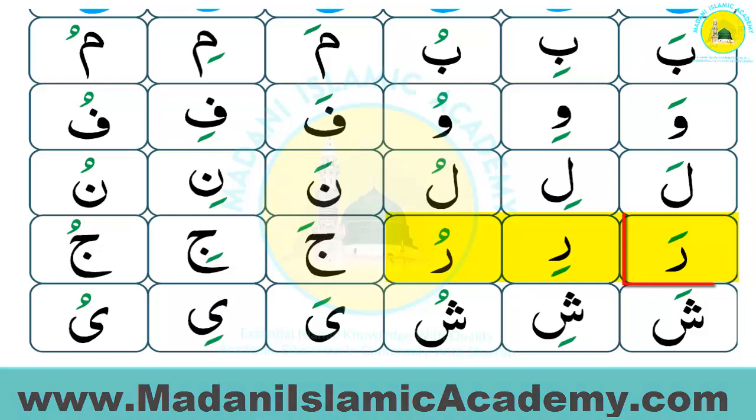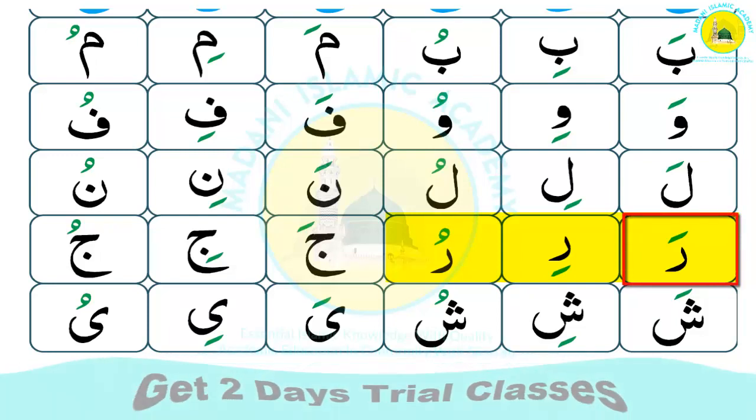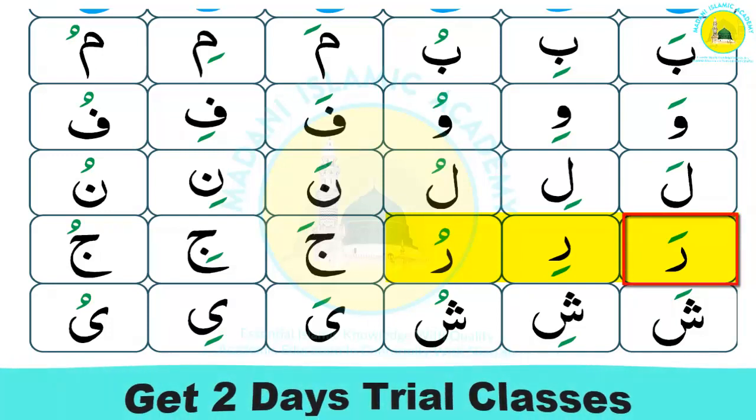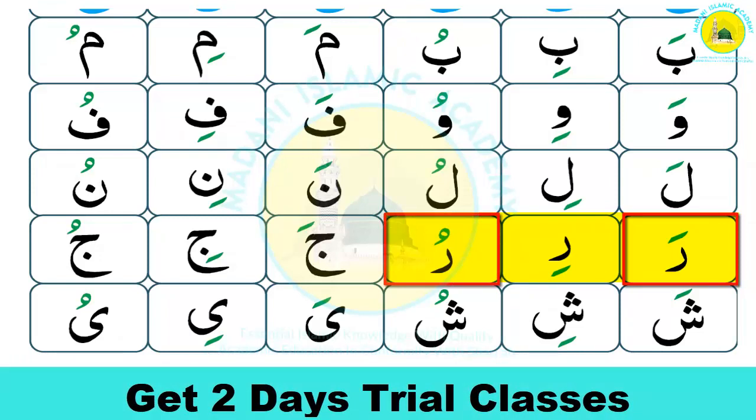Remember, when ra has a zabar, we read it with a full mouth. When it has a pesh, we read it with a full mouth.